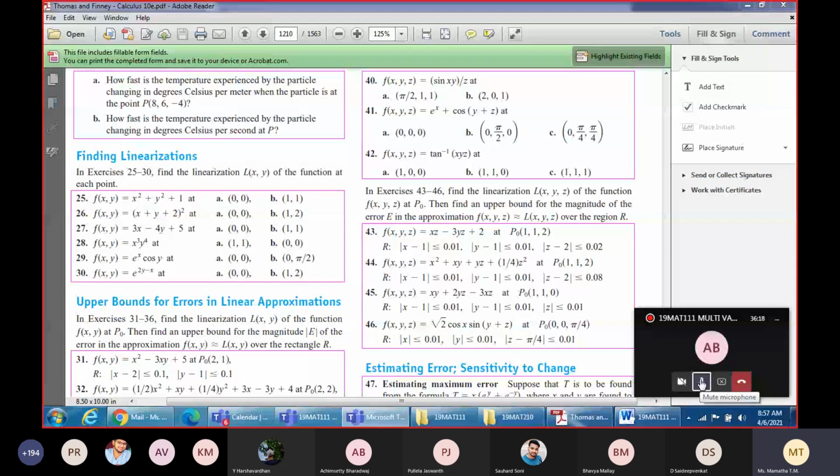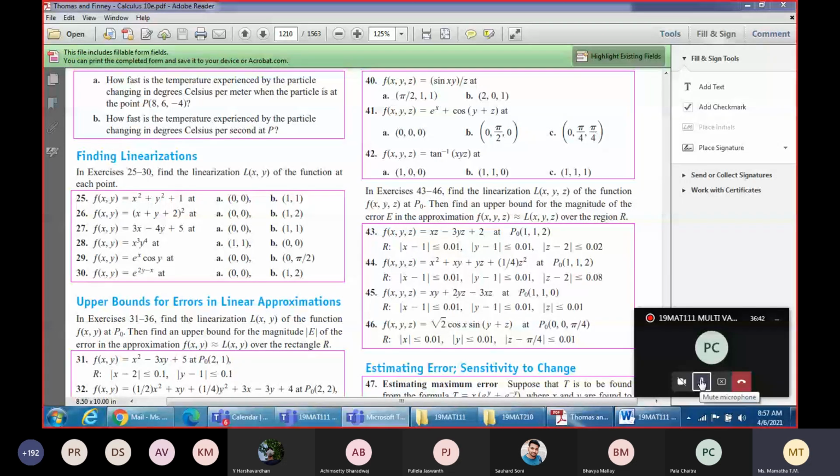Any one person can answer. We can cross check whether others have calculated and got the same answer or not. Ma'am, it's 10x plus 10y minus 5. All other students, are you getting the same answer for problem number 26?